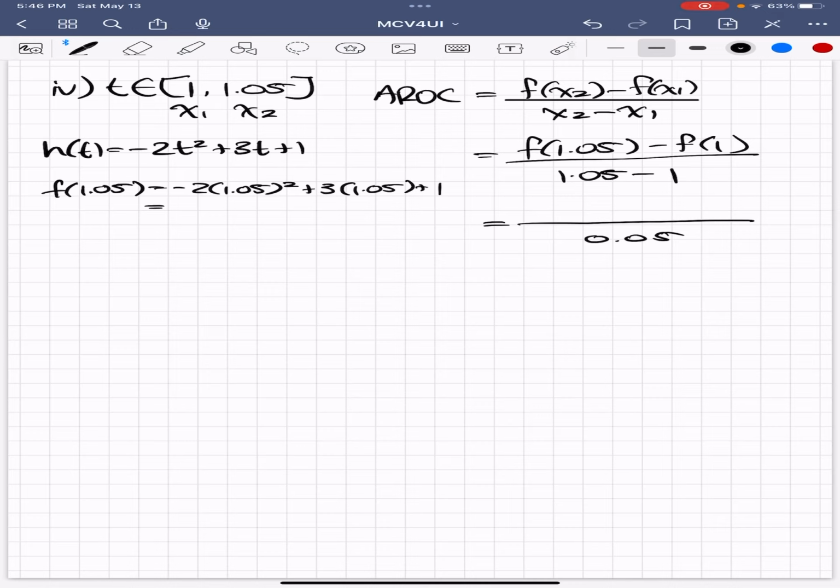If you plug that into your calculator, you'll get 1.945.